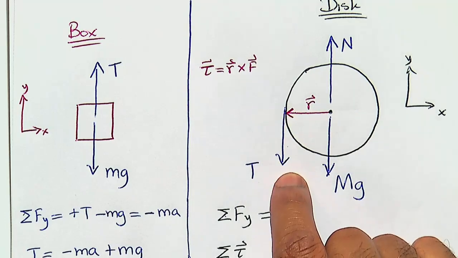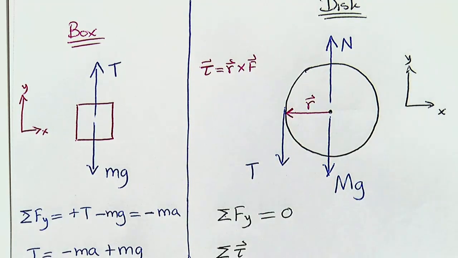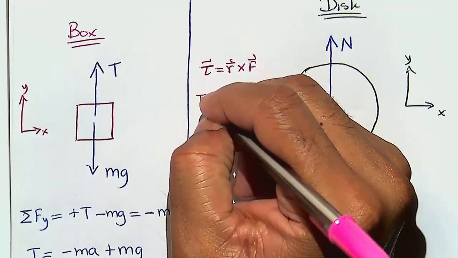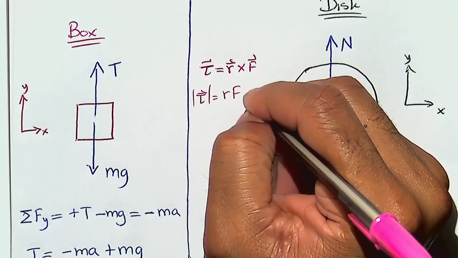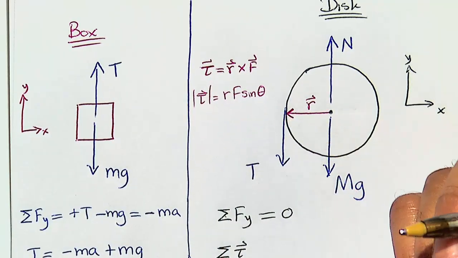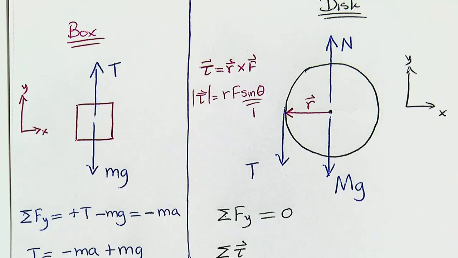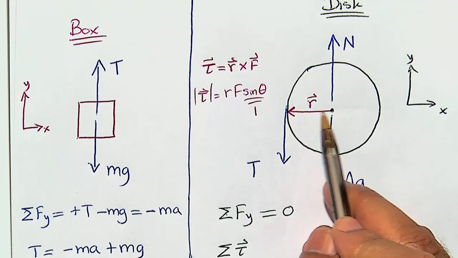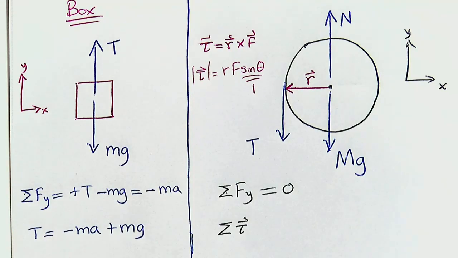Notice that R and the force are perpendicular to each other. By the definition of torque, the magnitude of torque is the magnitude of R times the magnitude of F, sine of the angle between them. If the angle between them is 90 degrees, sine becomes 1, so that simplifies into just the distance times the force, like normal arithmetic multiplication.